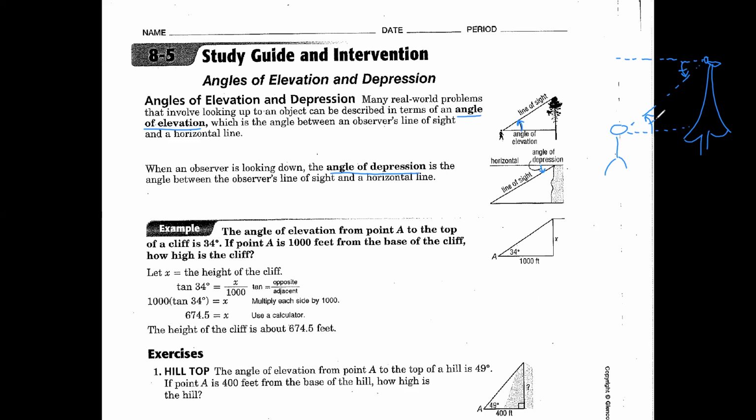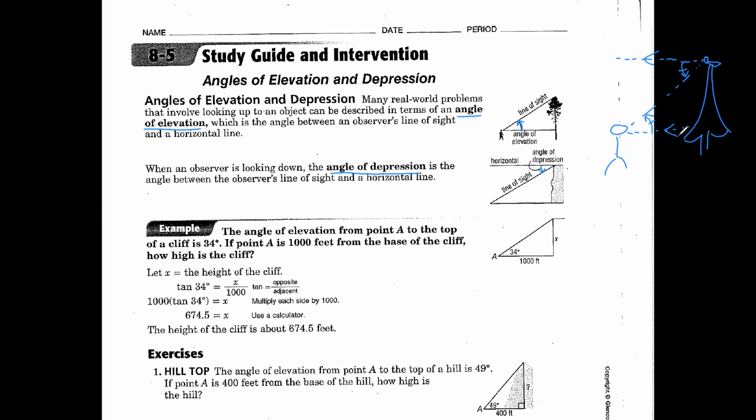These two are considered alternate interior angles because we have the horizontal lines. Since the angle of elevation and angle of depression are from horizontal lines, they are always parallel. So since we have two parallel lines, this line of sight is acting as our transversal. So we have opposite sides of the transversal and inside the two parallel lines, making them alternate interior angles and making them congruent.